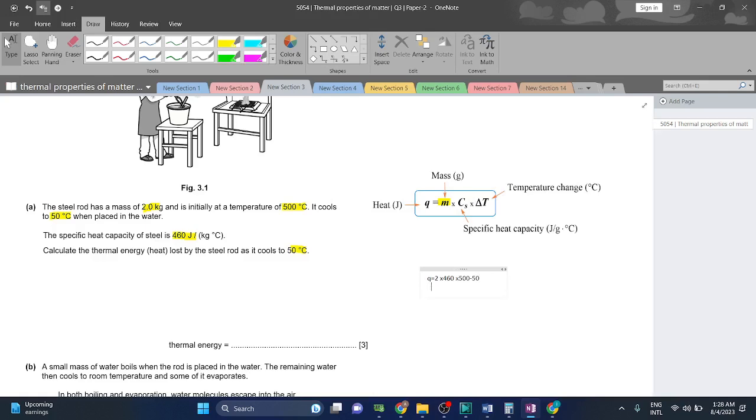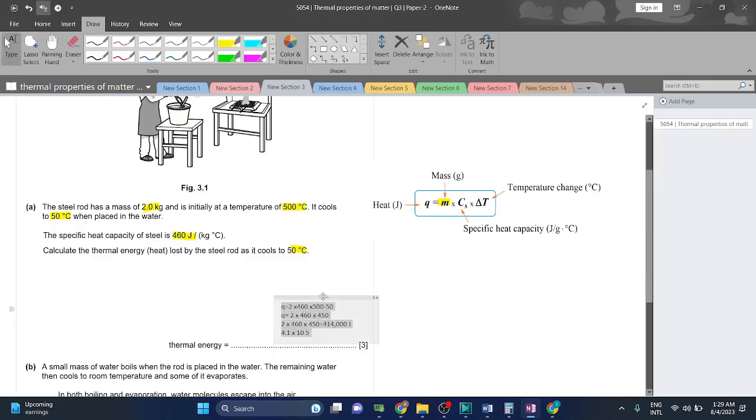So Q will be equal to 2 into 460 into 450. If we calculate that, we'll get an answer of 414,000 joules, which we can write as 4.1 into 10 raised to the power of 5. So this is the answer to the question.